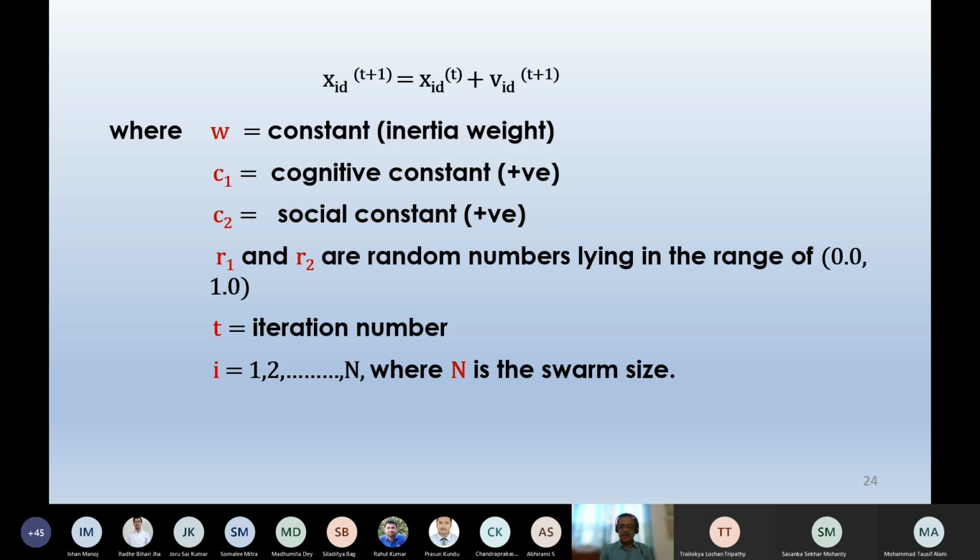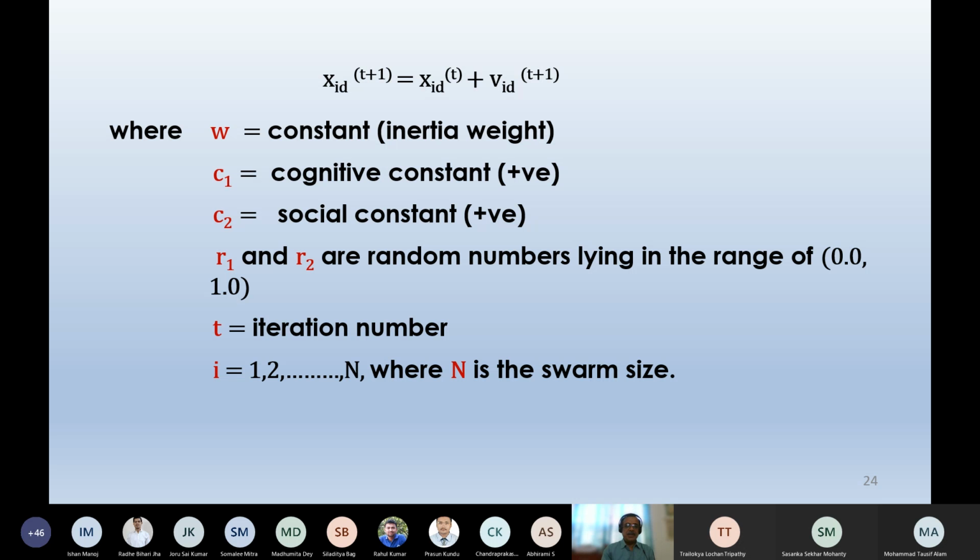So here time is nothing but the number of iterations. Each iteration, I'm just going to add 1, so here it is multiplied by 1. So this is the way we can update the velocity and position.